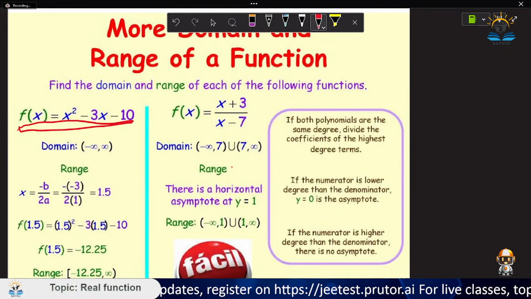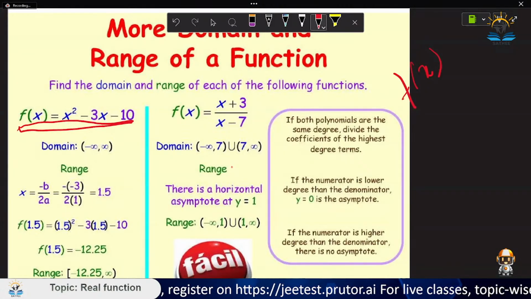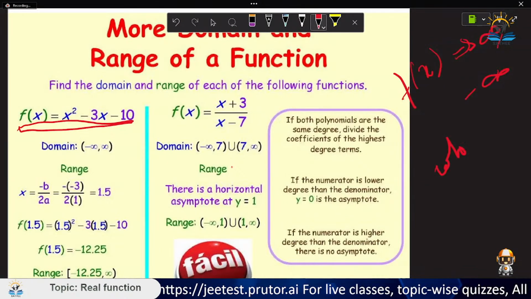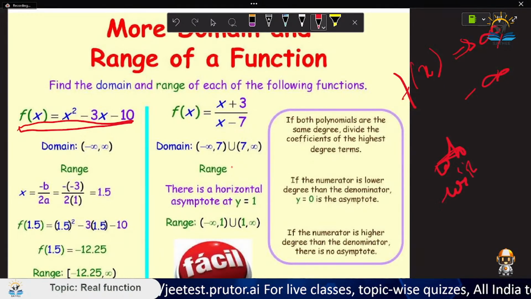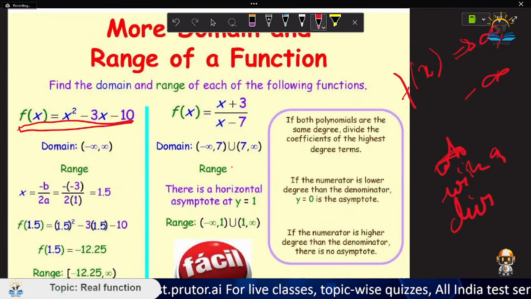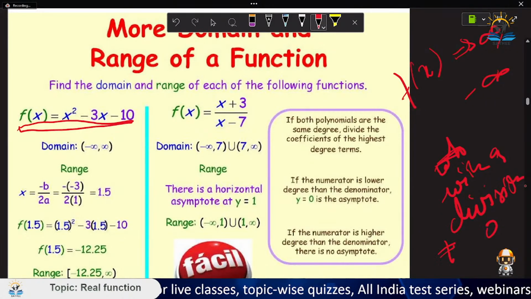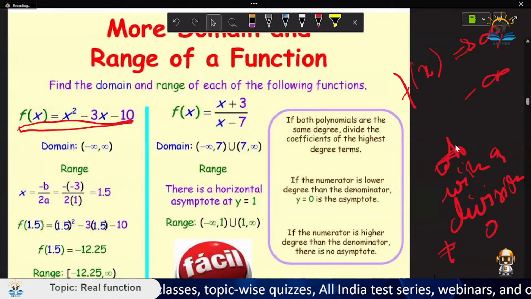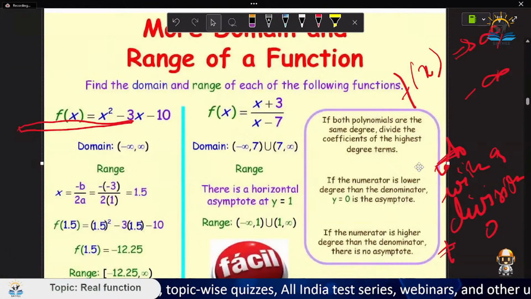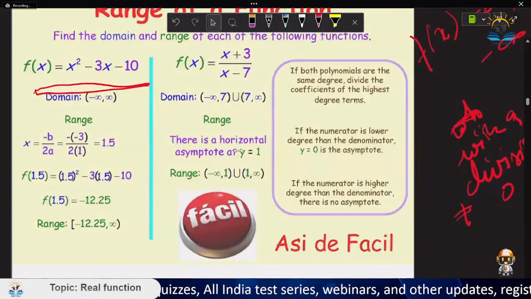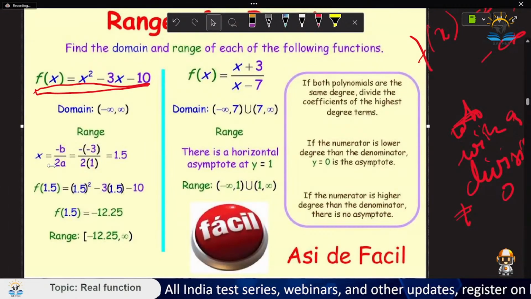So we have to ensure that f of x does not go to infinity or minus infinity through a division by zero, because that is not correct. We have a definition of a function being defined with zero. So we exclude those values from our function's domain. Calculating the range can be done easily.